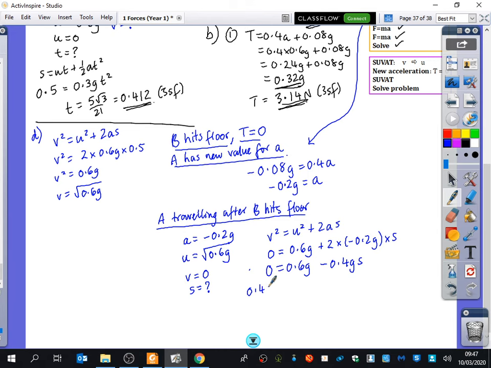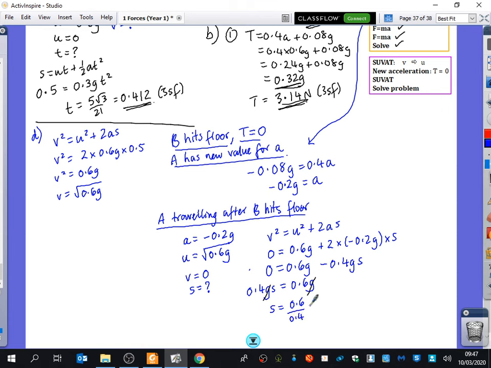So putting it onto the other side, 0.4gs equals 0.6g. We can cancel the g's. So good job we kept the g's in there. And so s is equal to 0.6 divided by 0.4, which is 1.5.